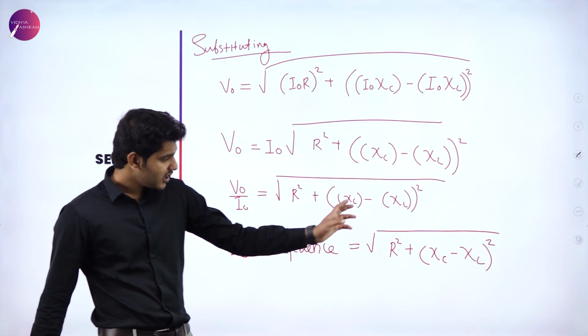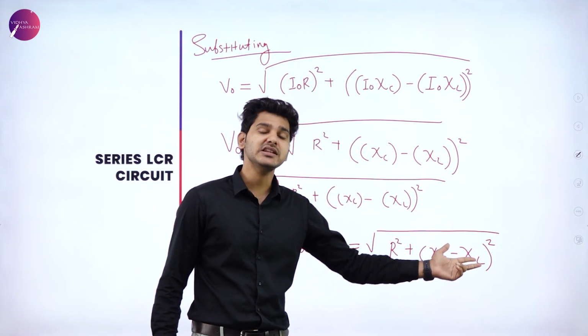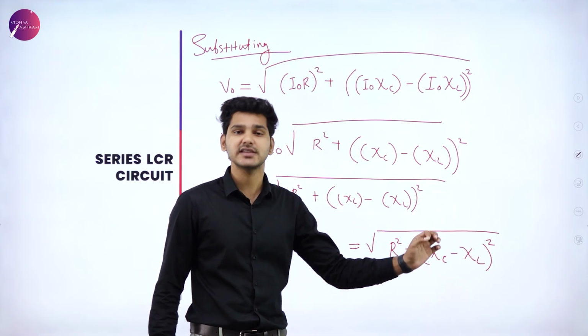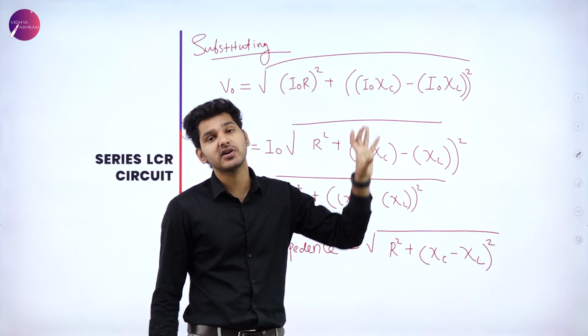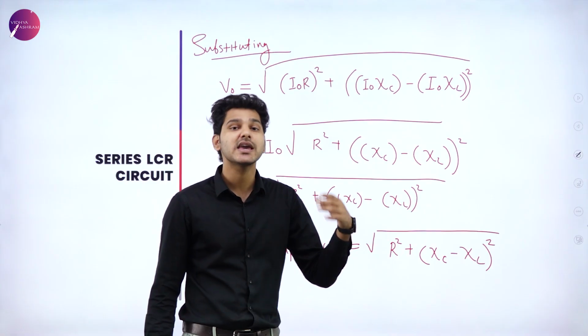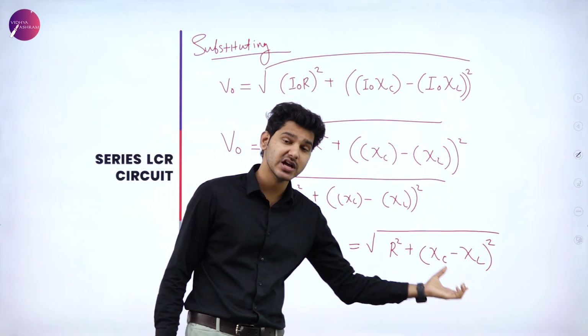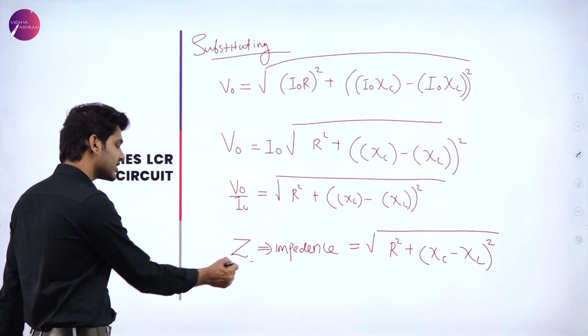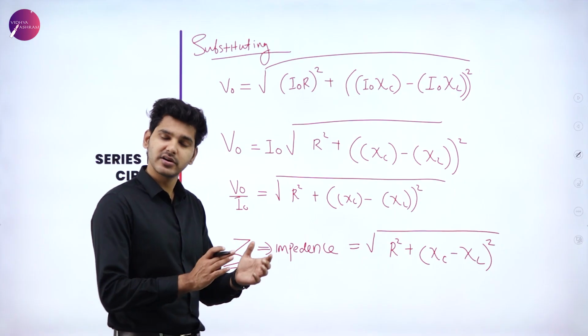When these three quantities, resistor, capacitor and inductor, are connected in series, their effective net resistance offered in that circuit is known as impedance, and impedance is found using this particular relation. Impedance is denoted by capital letter Z, and this is the formula for impedance.